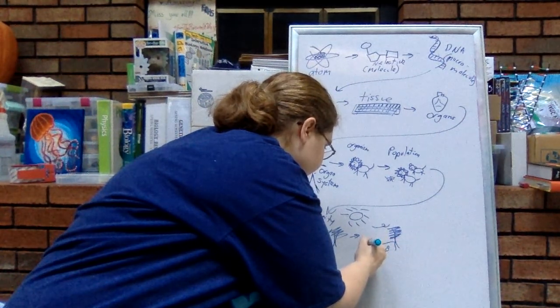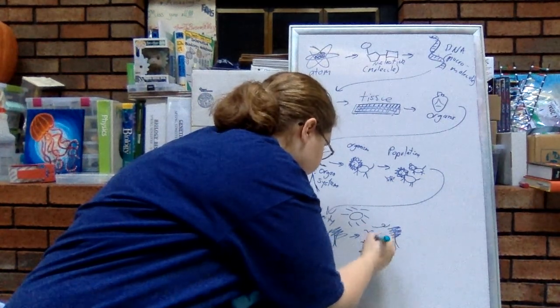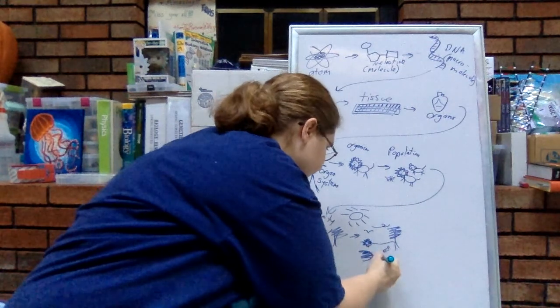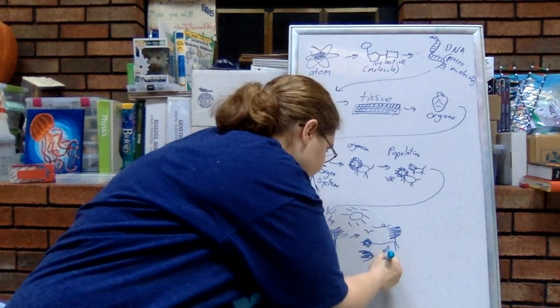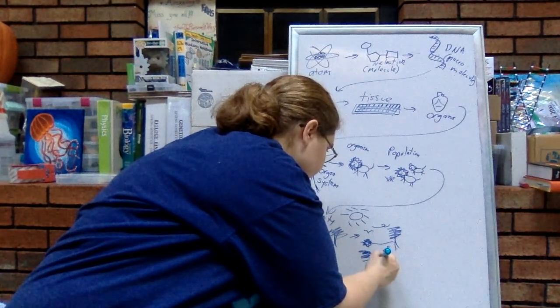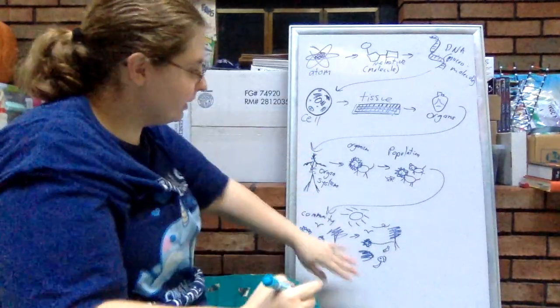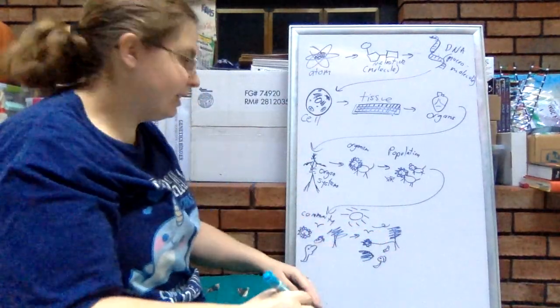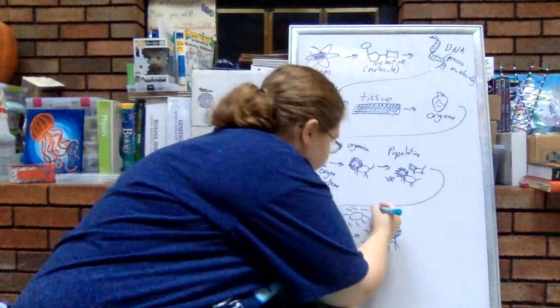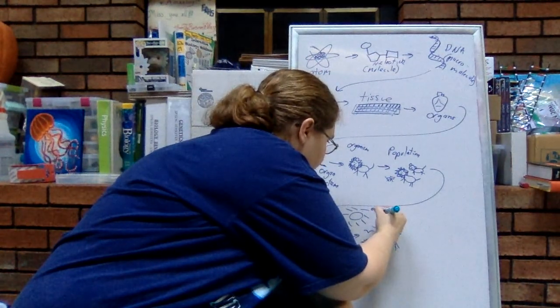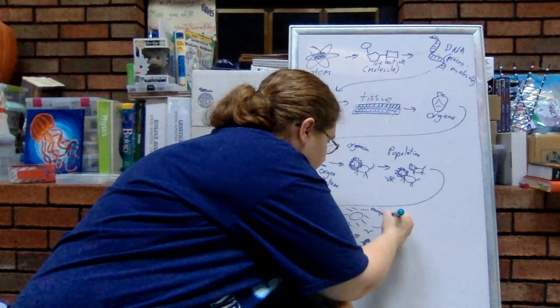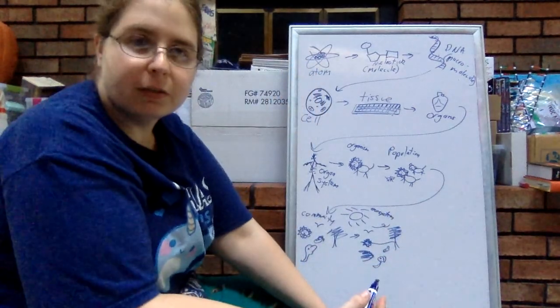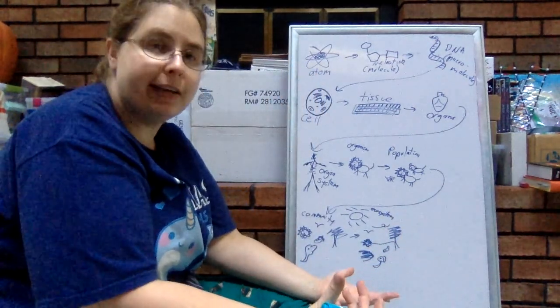Here's the lion. Here's the bird. Got the tree. Here's the elephant. The living and non-living factors, that makes up the ecosystem. Now, in this case, the ecosystem would be the savanna. It's a type of grassland in Africa.